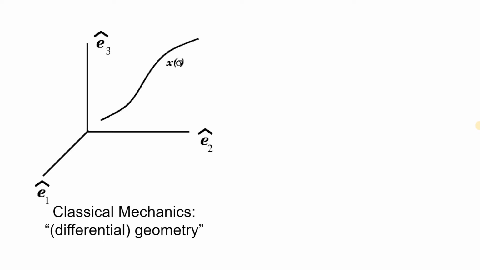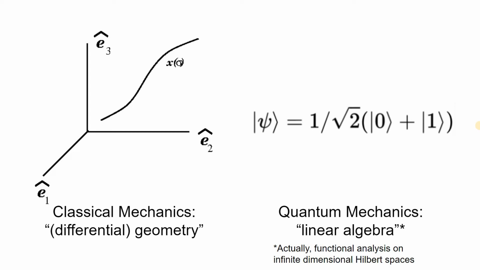For example, a state of a system is a vector, not a trajectory anymore. You can make a sum of one vector with another. That's called the superposition principle, and basically you use a lot of tools from linear algebra.